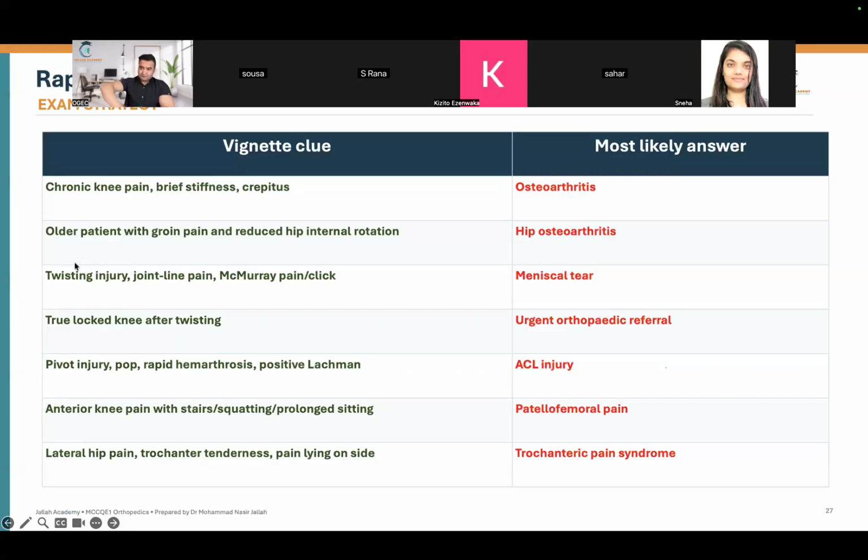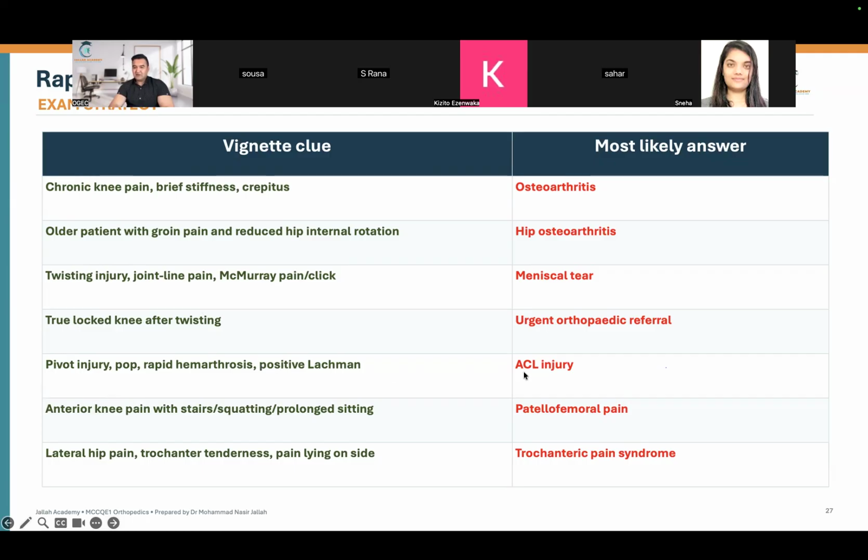Twisting injury, joint line pain, McMurray test positive: meniscal tear. True locked knee after a twisting injury. Pivot injury, pop, hearing, rapid hemarthrosis, positive Lachman.